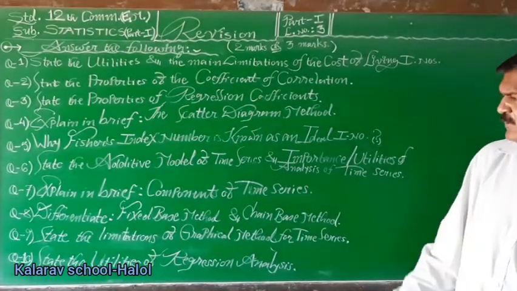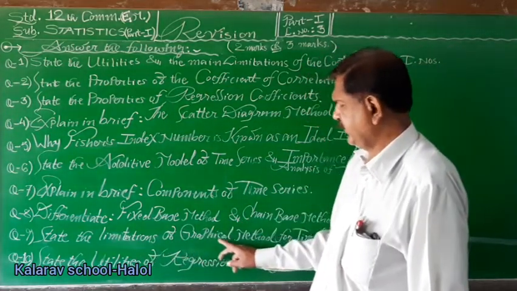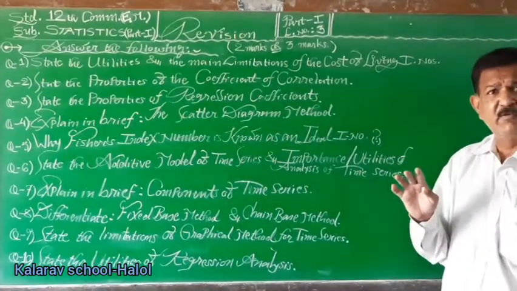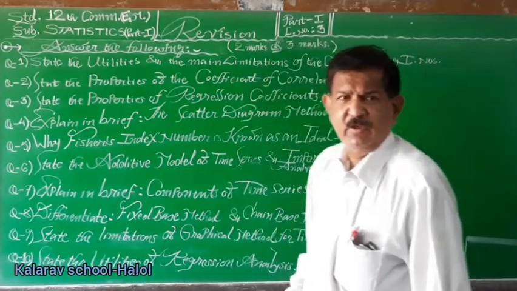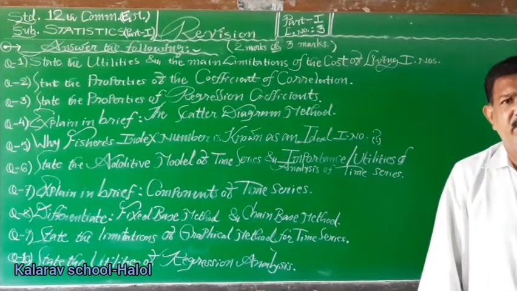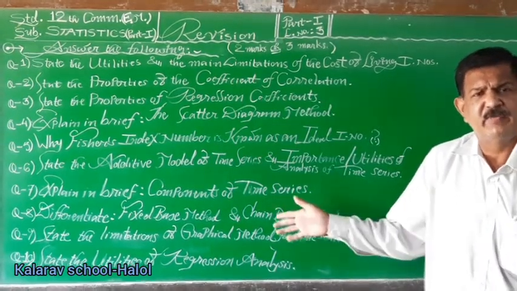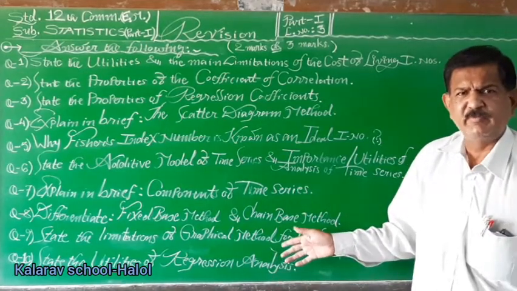State the main limitations of the graphical method in time series. We can judge the direction with the help of the graphical method, that is, in which direction the trend is going on. But one cannot get the exact value or estimated value with the help of the graphical method, and it is the main limitation of the graphical method of the time series.